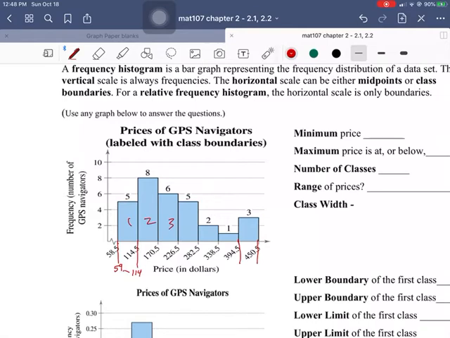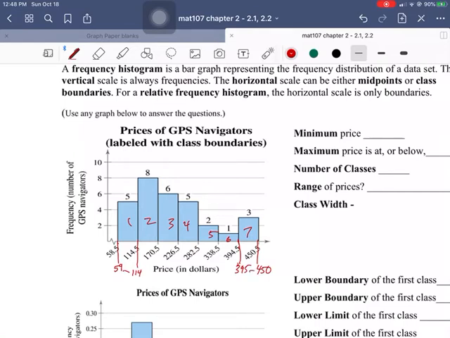So when you go to this 1, 2, 3, 4, 5, 6, 7th class over here, you can see that the highest price you could pay would be 450. Okay, this is a half a step down from 395, right?